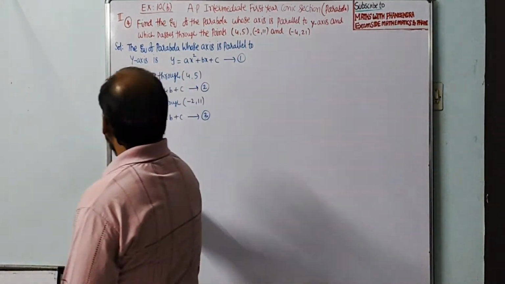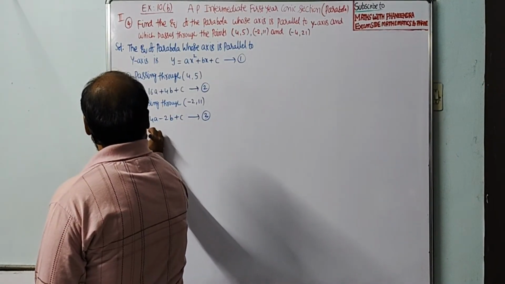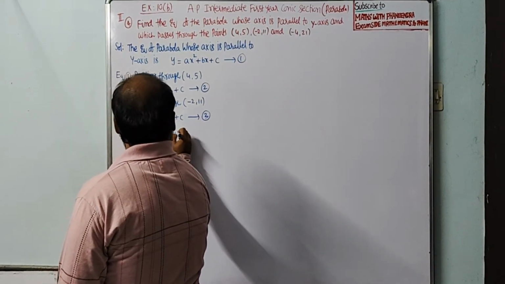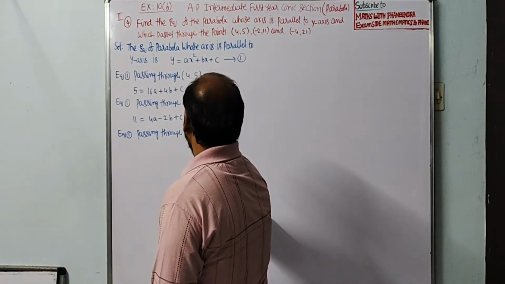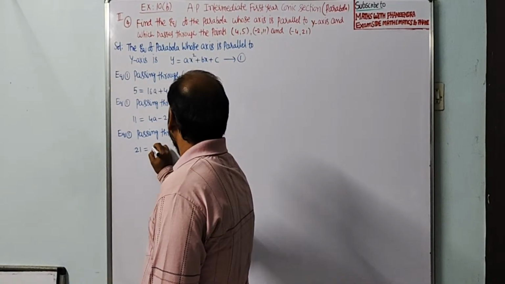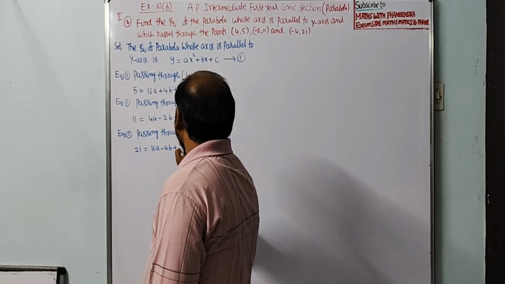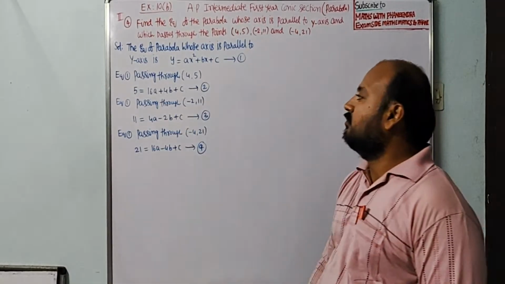Next, equation 1 passing through minus 4, 21. So 21 equal to 16a minus 4b plus c. Equation number 4.